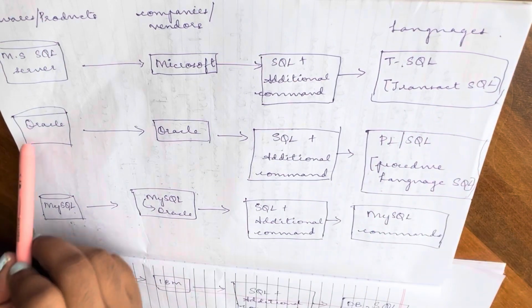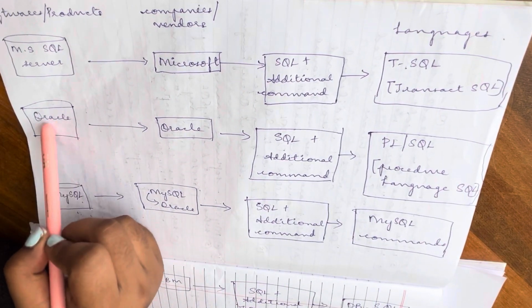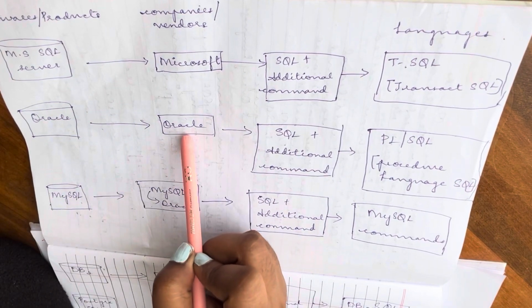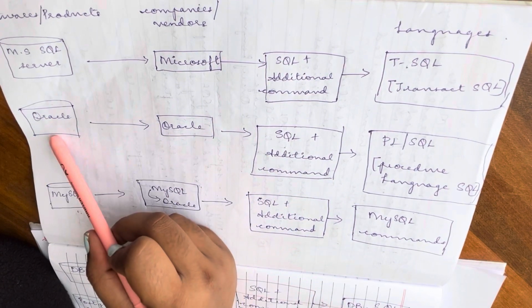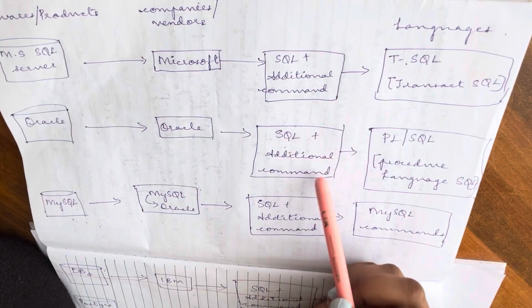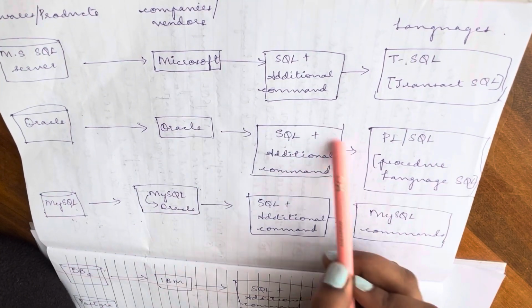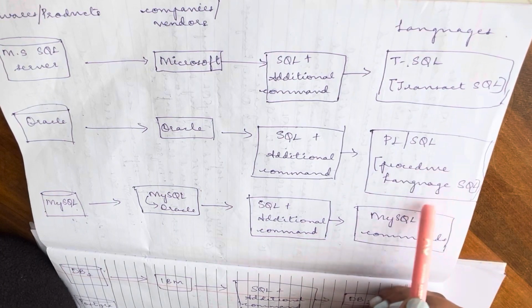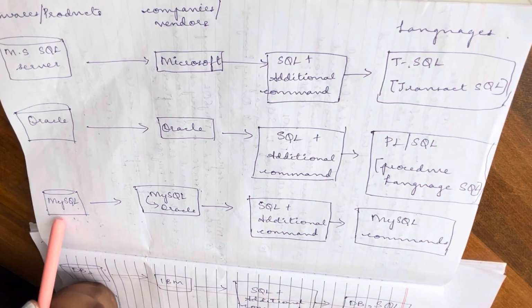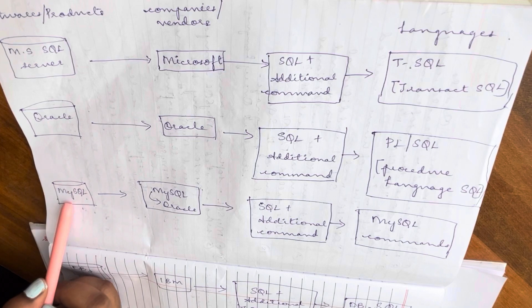And who created the next software called Oracle? The Oracle company. And what are the languages required to work in this software? SQL plus additional commands. What are those? It is PL SQL, that is Procedure Language SQL. And the next software is MySQL.